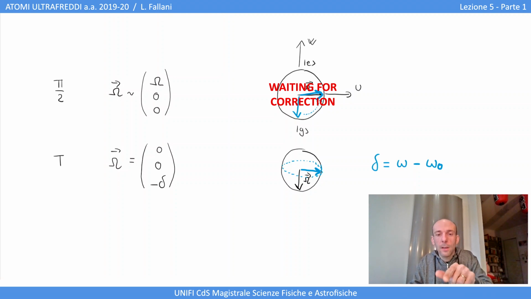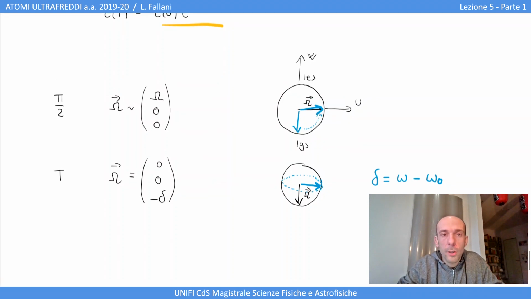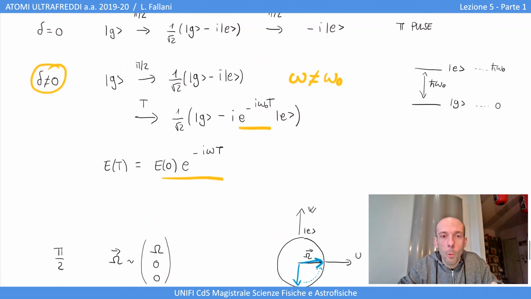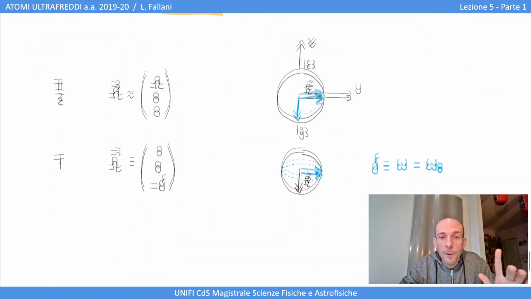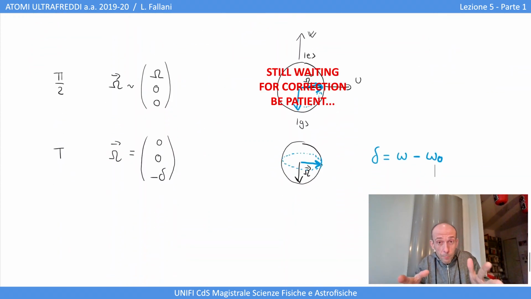So this rotation of the Bloch vector around the equator of the Bloch sphere is basically what I was trying to explain before when I said that a field is rotating at a different speed with respect to the atomic superposition. The difference is that now we are considering the same process, but in the rotating wave approximation, where the only relevant frequency scale is the detuning.